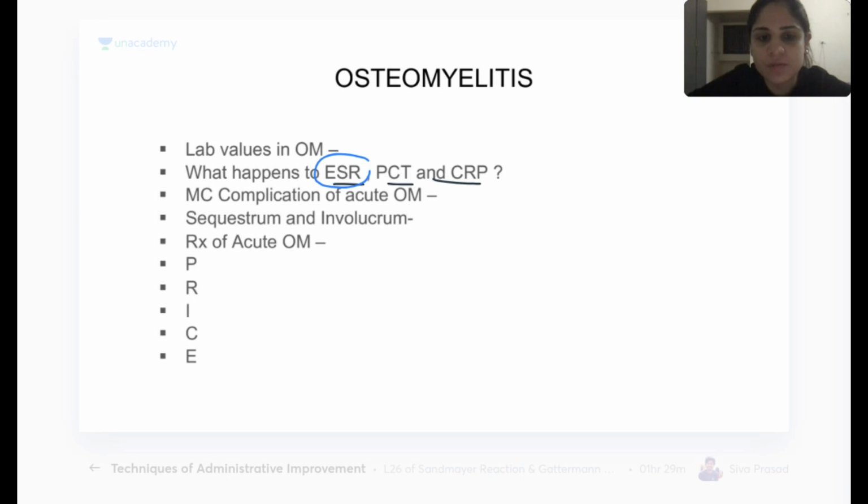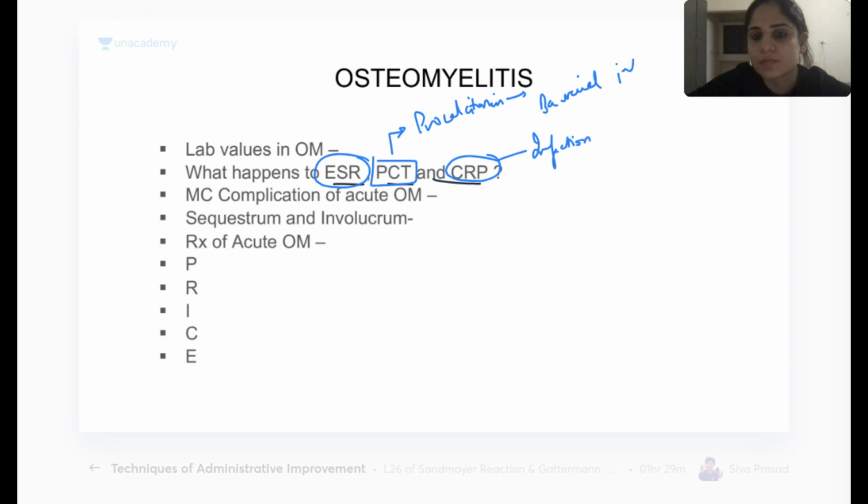Now all of them will increase, that is correct. Your ESR and CRP will just tell you that there is an infection. What is PCT? PCT is procalcitonin. Your procalcitonin levels will rise whenever you have a bacterial infection.